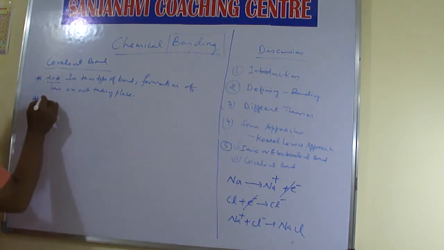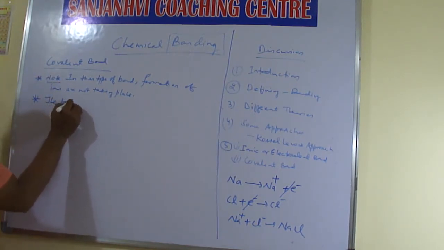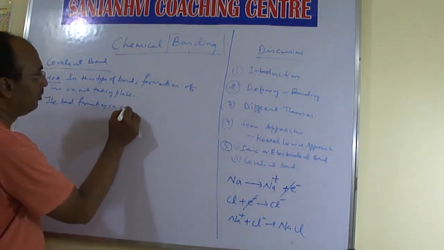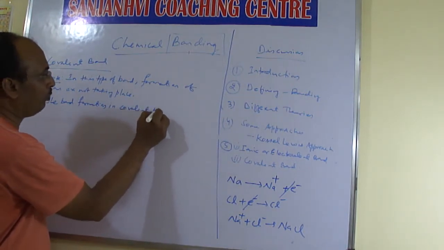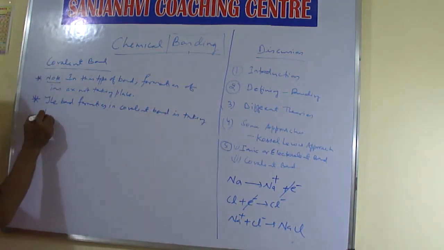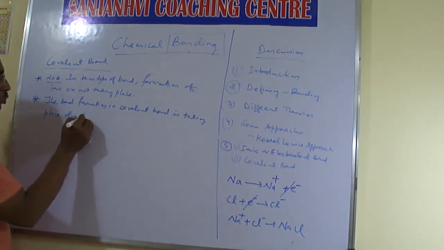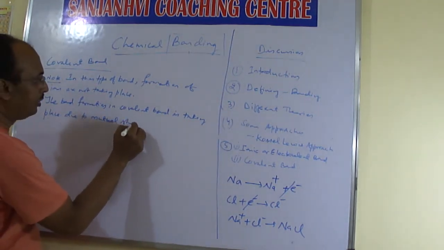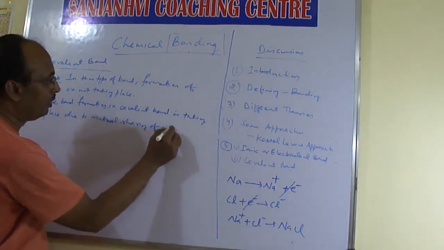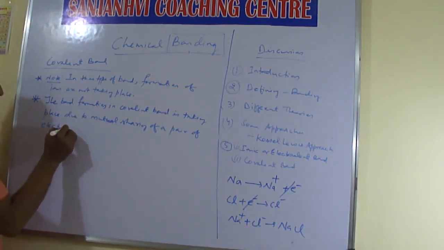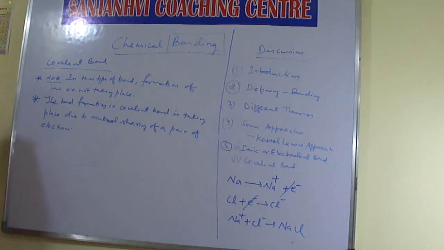So bond formation in a covalent bond is taking place due to mutual sharing of a pair of electrons.